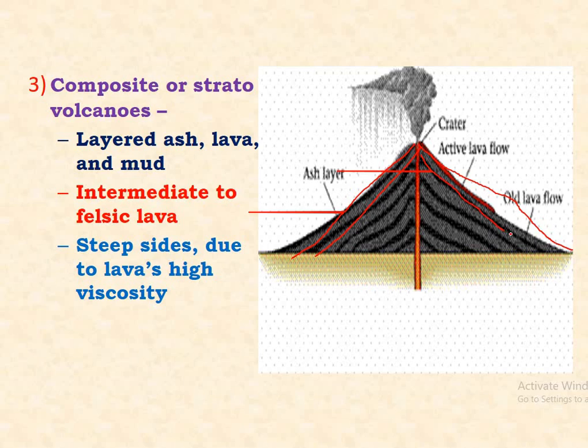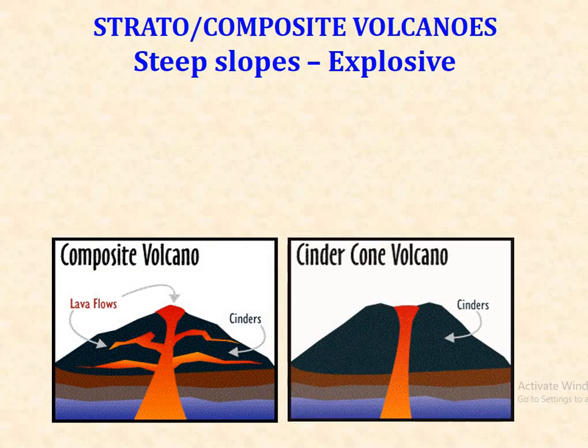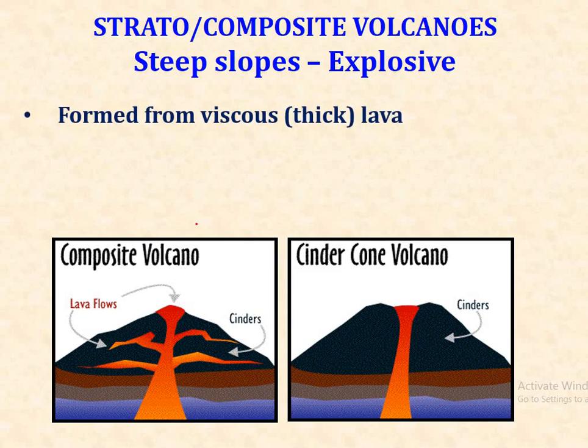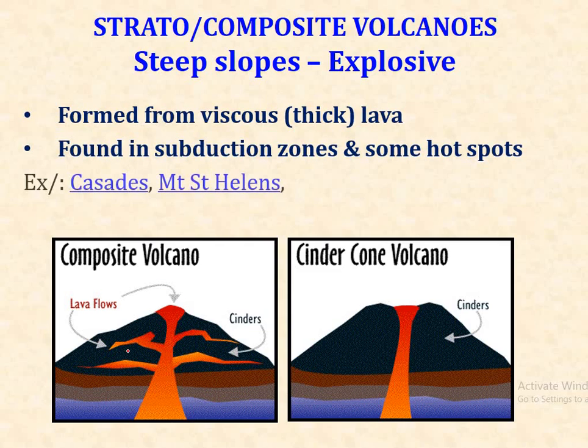Strato or composite volcanoes have steep slopes, are explosive, and are formed from viscous or thick lavas. Cascades and Mount St. Helens are examples of composite volcanoes.